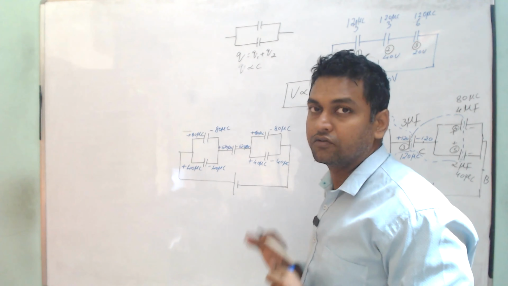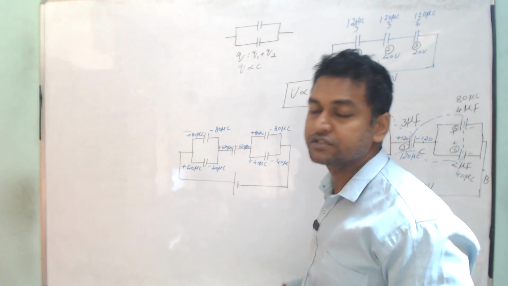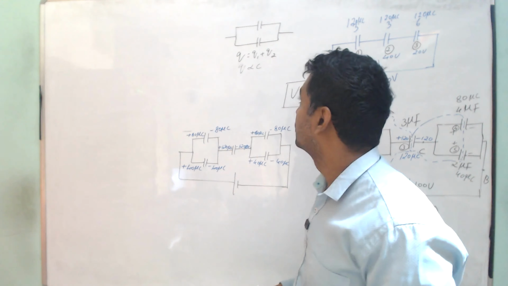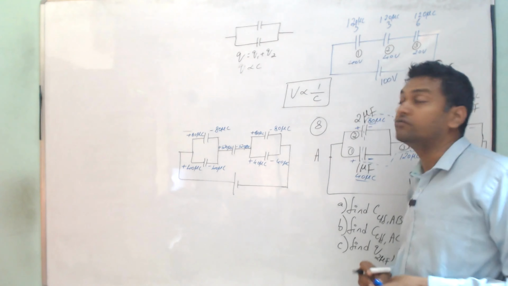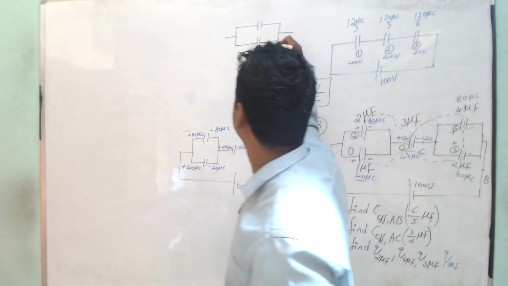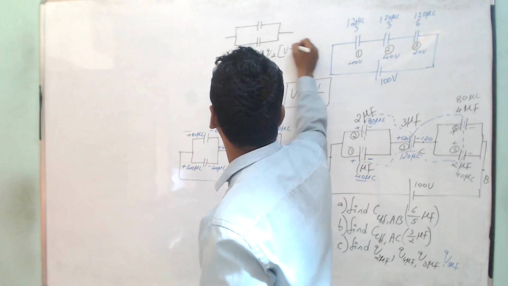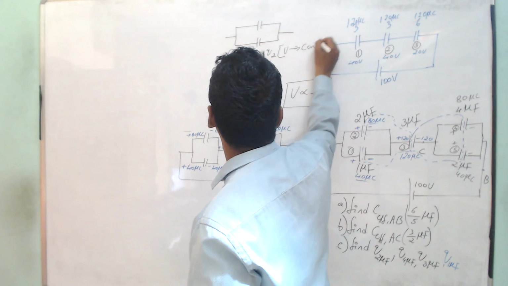For parallel, total charge is Q1 plus Q2. And another thing is V is constant, correct? For parallel.